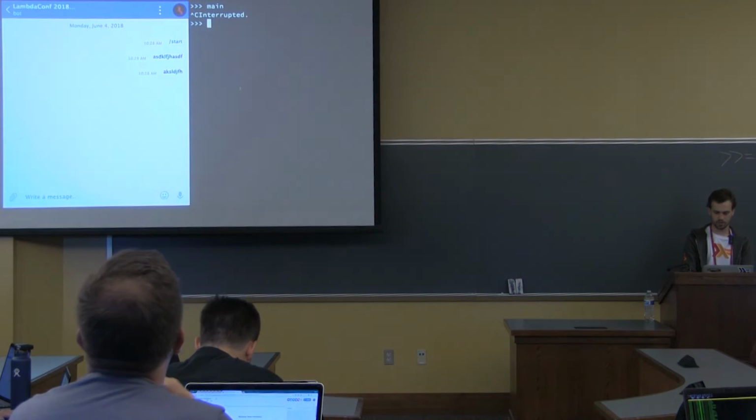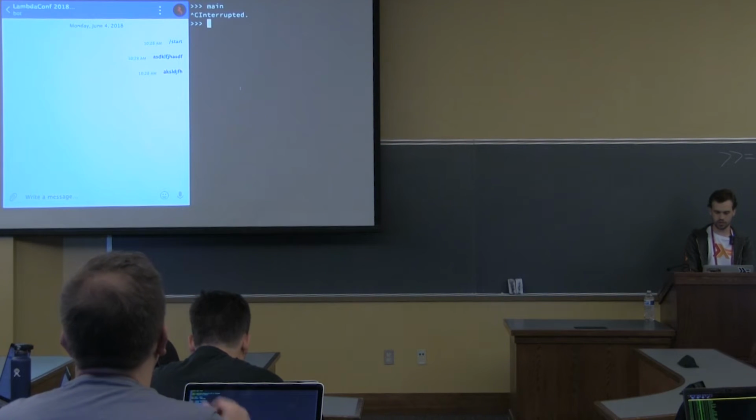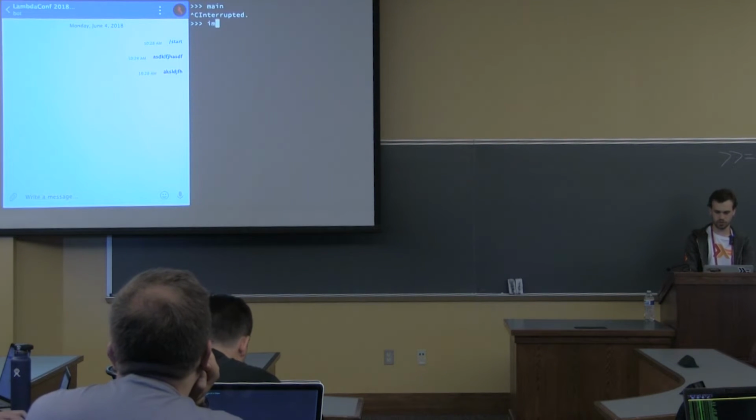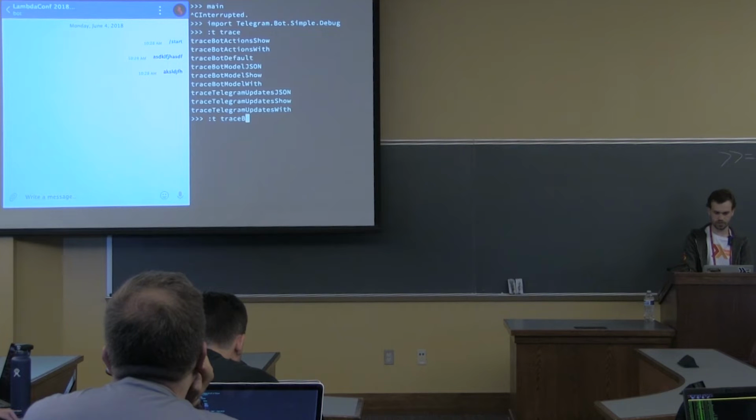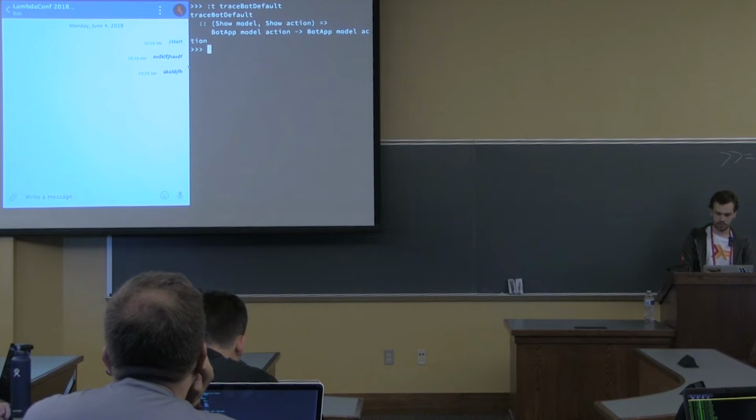scope, obviously. So I'll go to GHCi and just import Telegram.Bot.Simple.Debug. So there is this module for debugging, and I have trace, a lot of traces, but among others, traceBotDefault, and it has this type.